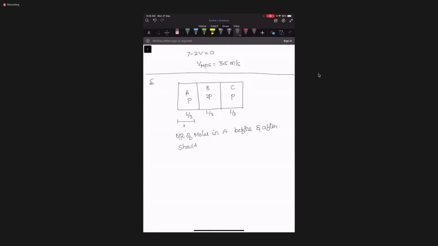Because these are movable pistons, this is like a closed system, right?